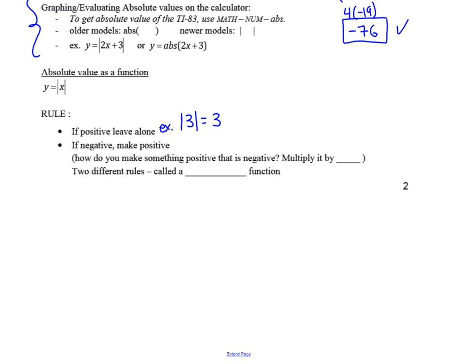Did we actually need the absolute value if it was a positive number? No. So that means that if x is greater than or equal to 0, if it's a positive number, then would you need those absolute value brackets for the absolute value of x?